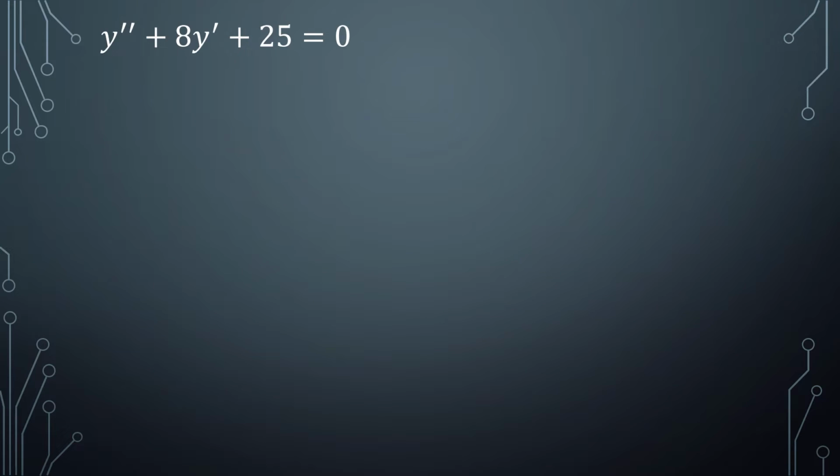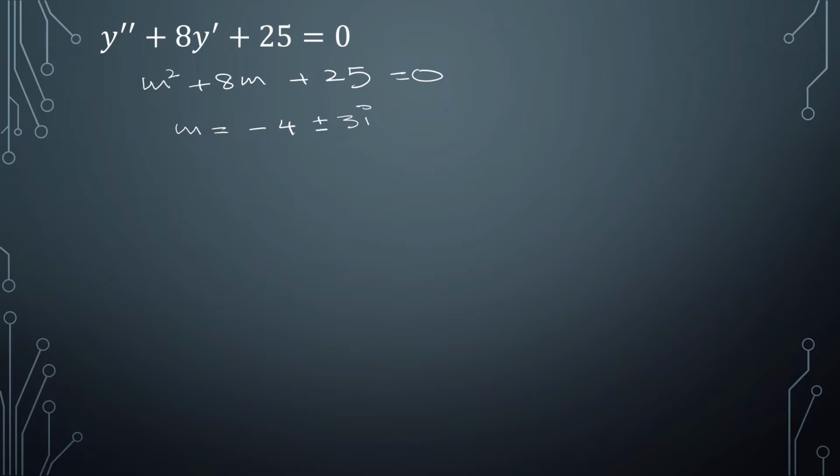So let's check the third kind of equation. First of all, write it in the form m squared plus 8m plus 25 equals 0. Now try to factor with the help of the calculator or use the quadratic formula. After that you will see that your roots are m equals minus 4 plus or minus 3i.